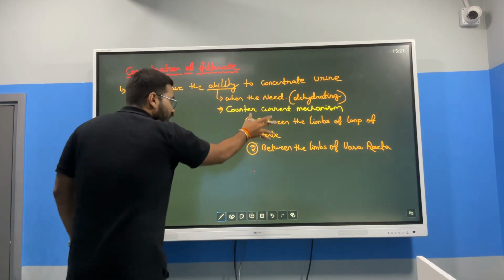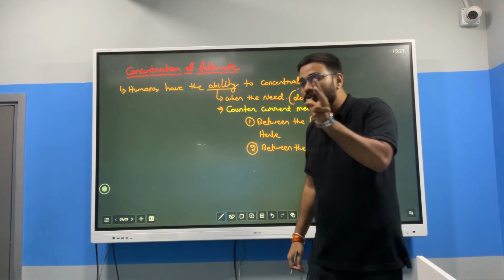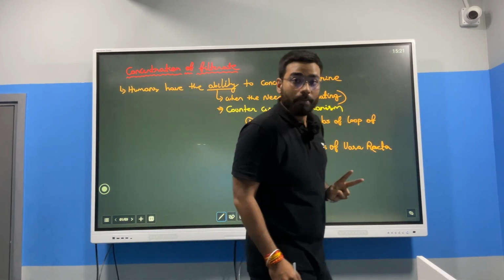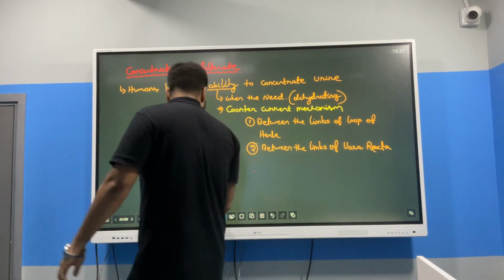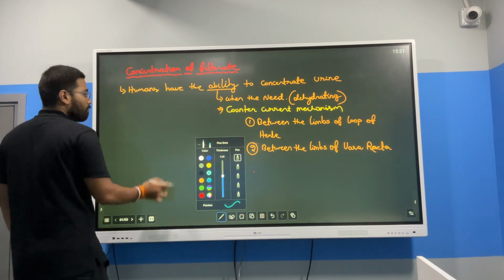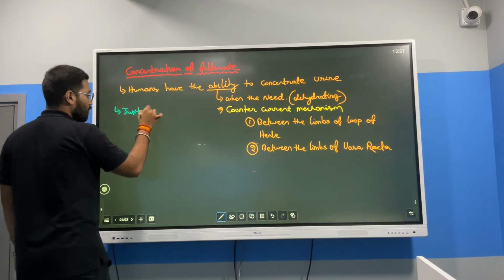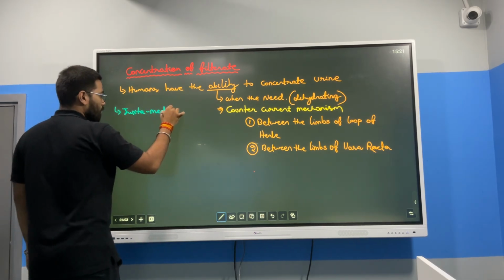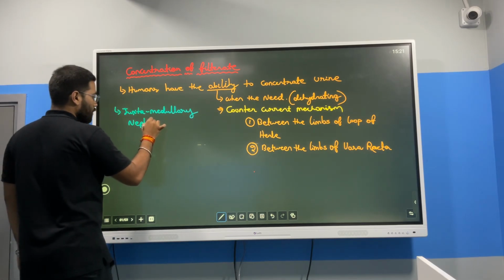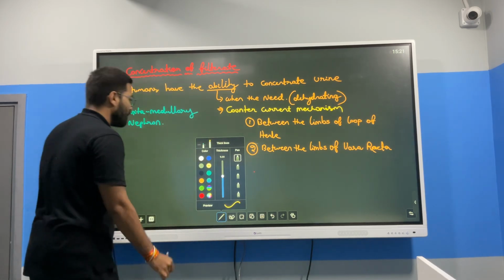In the previous class you might have studied that there are two types of nephron: cortical nephron and juxtamedullary nephron. The nephron which helps in maintaining the counter current mechanism is the juxtamedullary nephron.